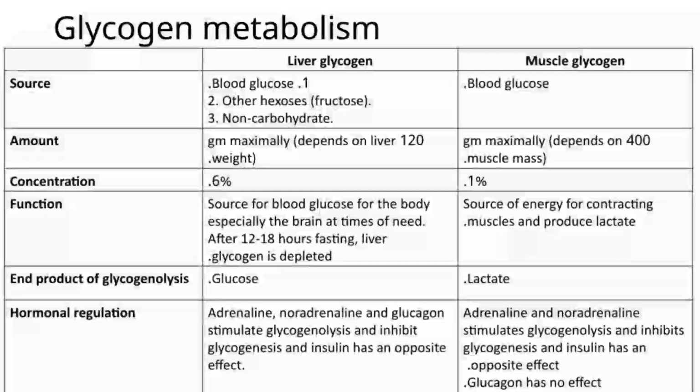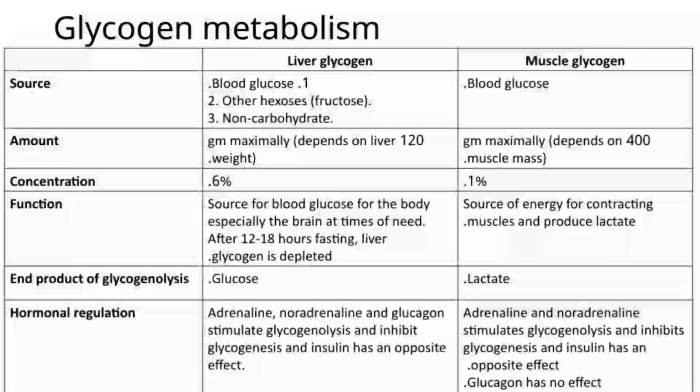In muscles, the end product is lactate, which can be used elsewhere for energy or converted back to glucose in the liver. Regarding hormonal regulation, adrenaline, noradrenaline, and glucagon all stimulate glycogen breakdown, glycogenolysis, and inhibit glycogen synthesis, or glycogenesis. Insulin, on the other hand, has the opposite effect, promoting glycogen formation.